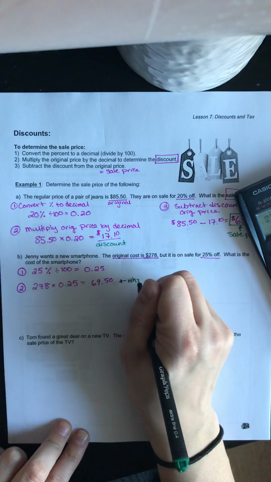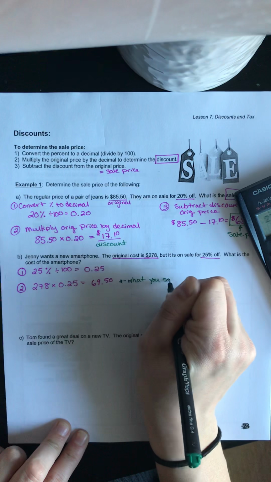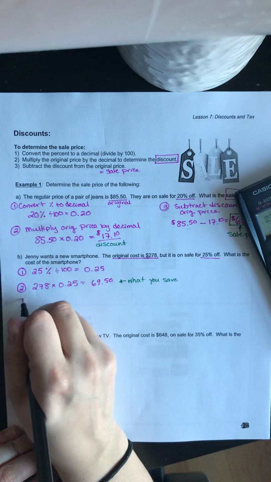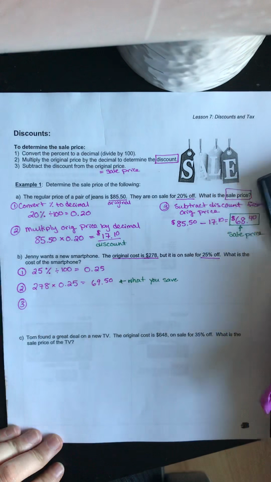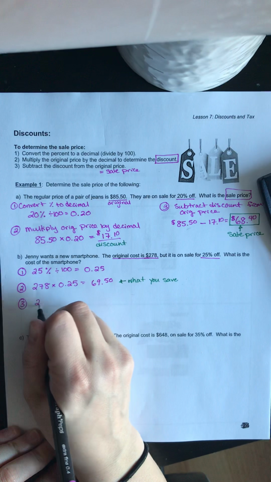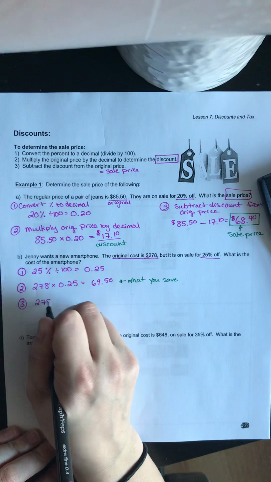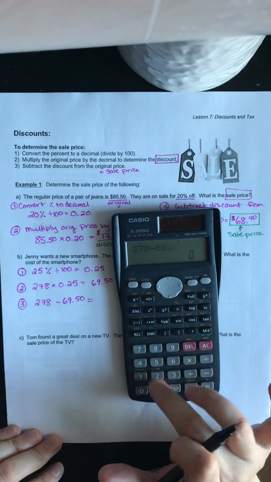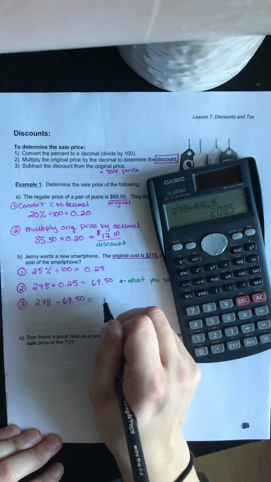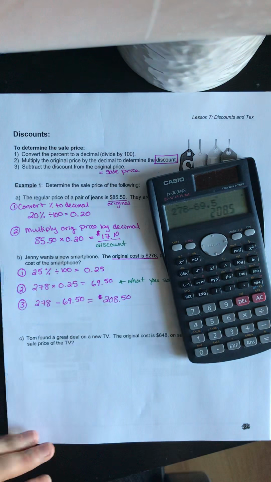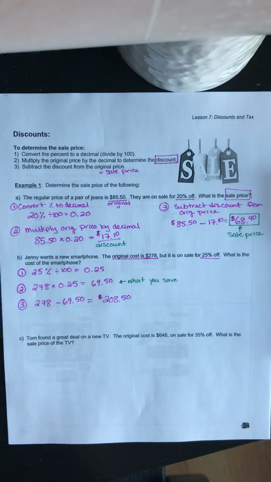Okay, what you save. All right, and very last step, we actually want to find the new cost of that smartphone, or the sale price. So we just take our original, subtract our discount, okay, and our smartphone will actually only cost $208.50. Okay, that is our sale price.